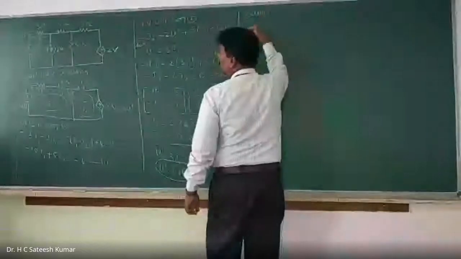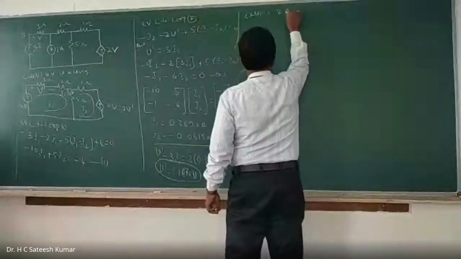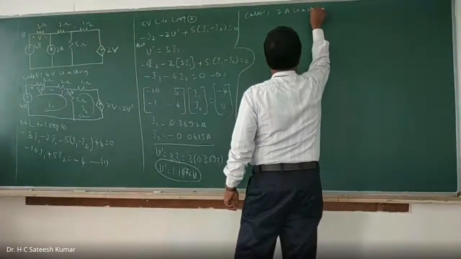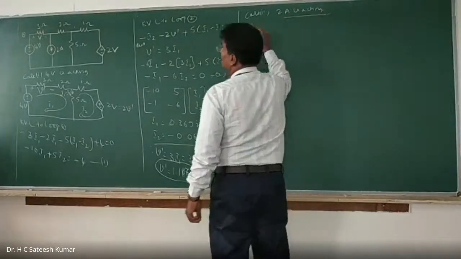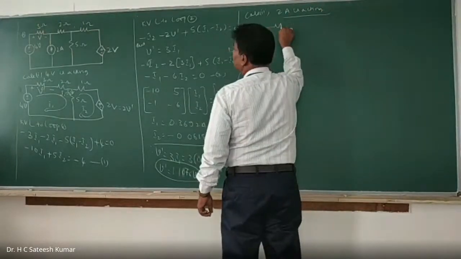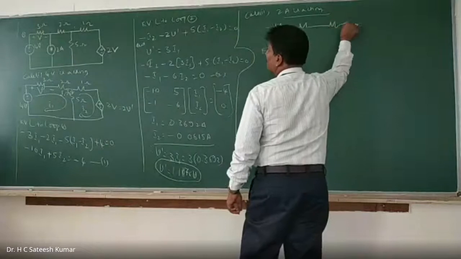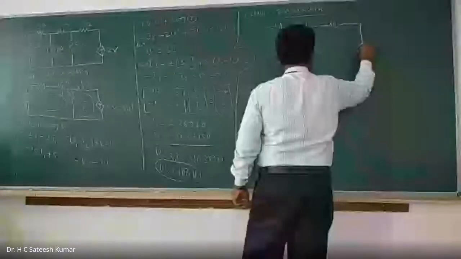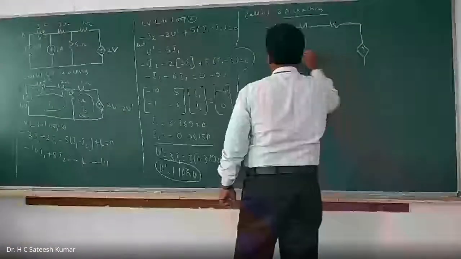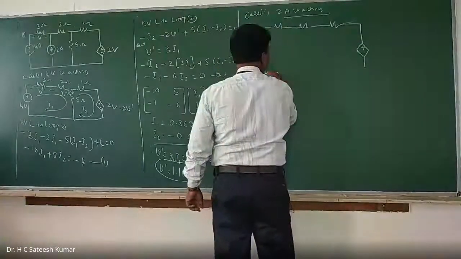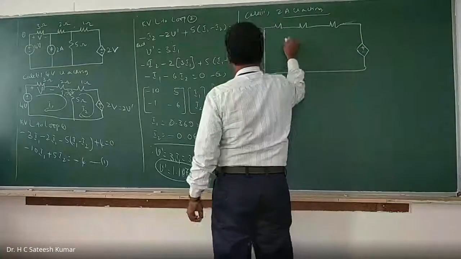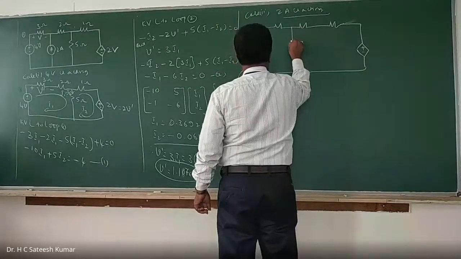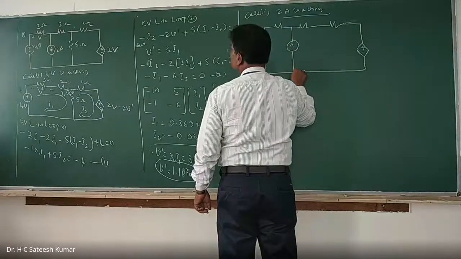Here the 2 amps source is acting, 2 amps also. Now what do we have? Plus minus, this voltage source is shorted, this current source I'll leave as it is, and this resistor.